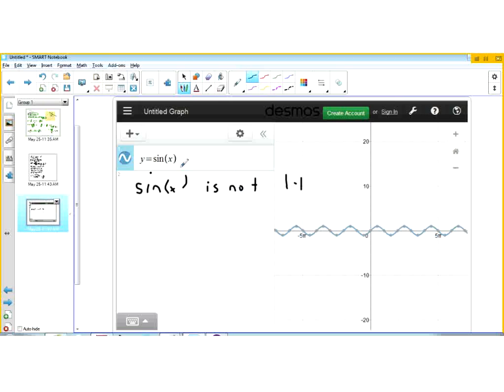You have a many-to-one. So the question is, how can you have an inverse of the sine function? I mean, it's on your calculator, right? How can you have an inverse sine?